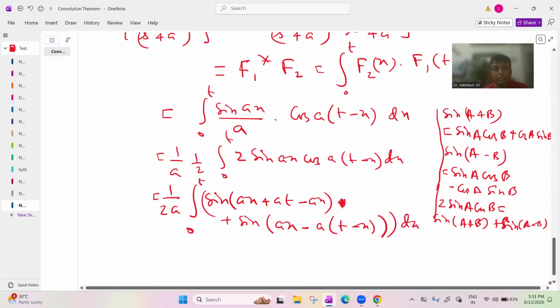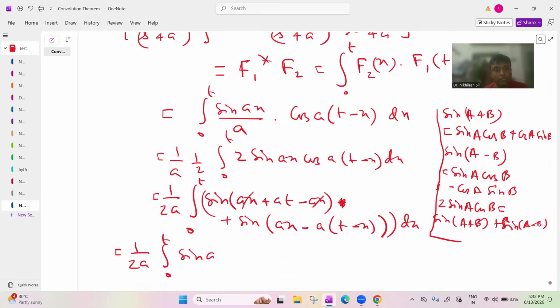Okay, clear? This is equal to 1 by 2a integration 0 to t, ax cancels, sin at plus ax minus a minus plus ax. So 2ax, sin(2ax minus at) dx.